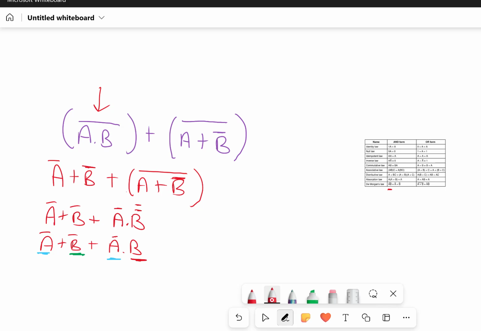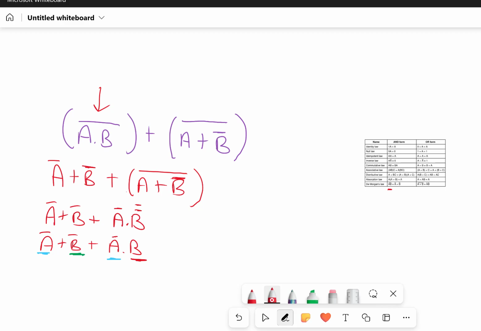So what I can do is go to my laws. If we've got a not A or a not A, we have an A. Sorry, and even.